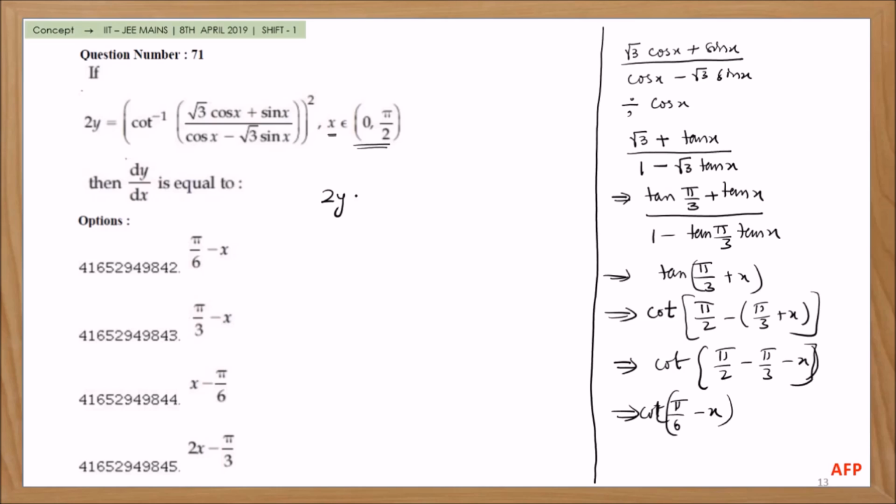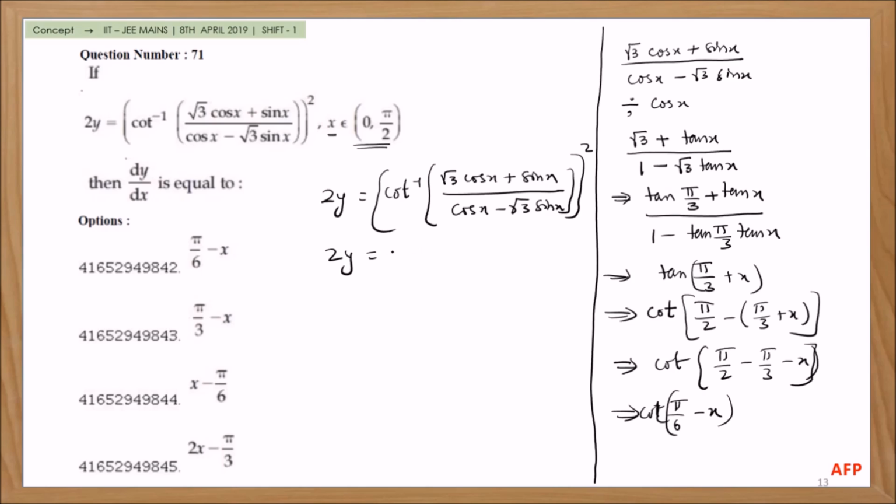So 2y is equals to cot inverse of root 3 cos x plus sin x divided by cos x root 3 sin x, it is whole square you have. So 2y is equals to cot inverse of this value we already simplified, square it is.